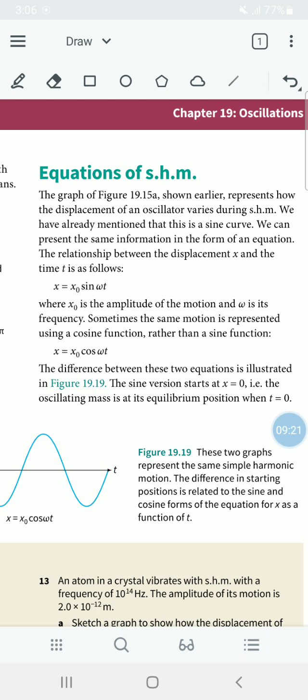Write down equations of SHM. The graphs of simple harmonic motion show that displacement changes in a sine curve.